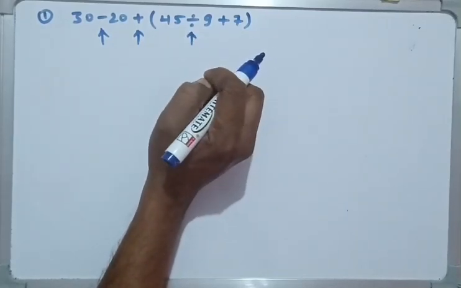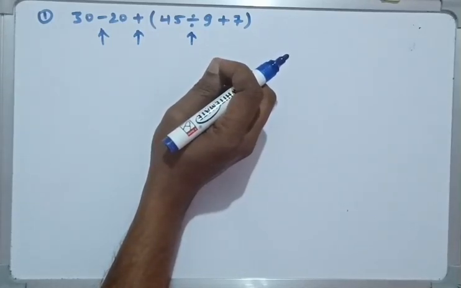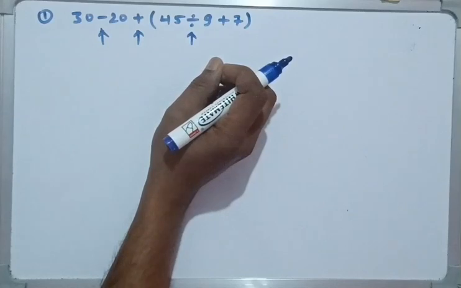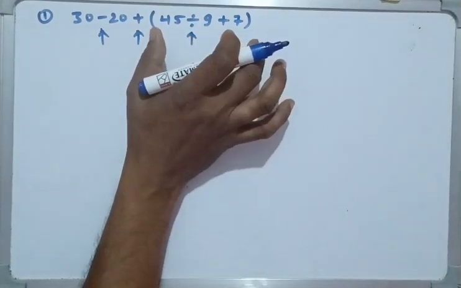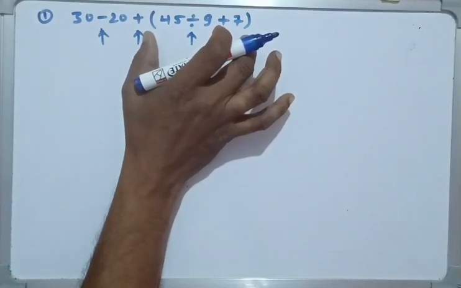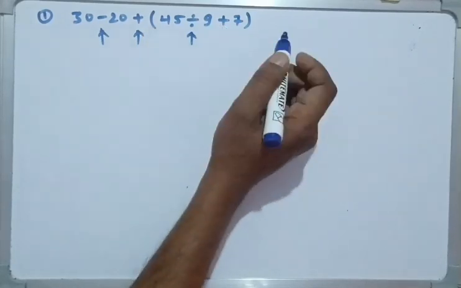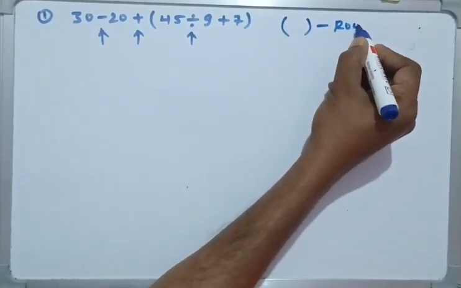Okay guys, then another thing also comes to your mind: which bracket do I solve? Here only one bracket is given in this question, which is a round bracket.